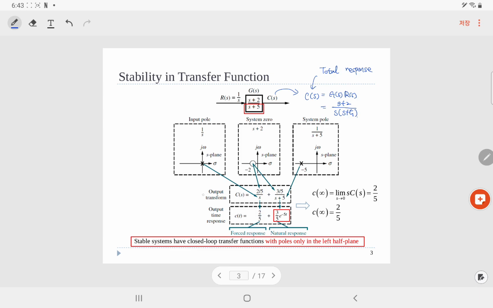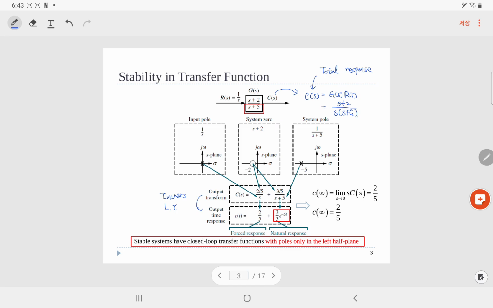By applying the inverse Laplace transform to C of S, we can obtain the time response C of t like this.